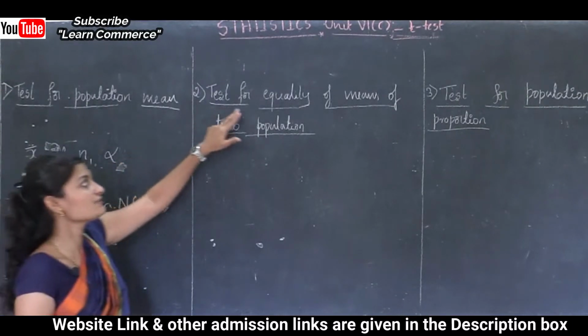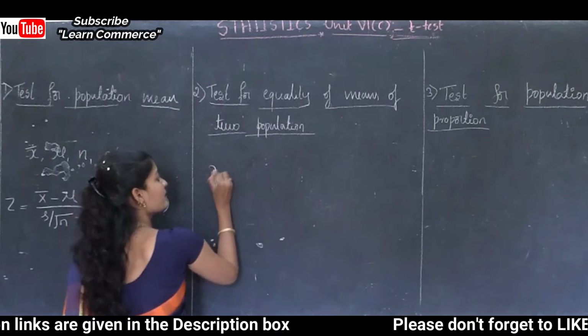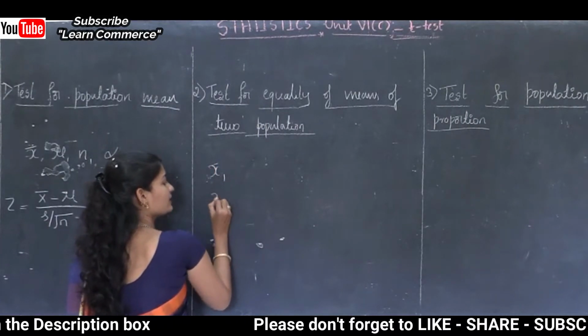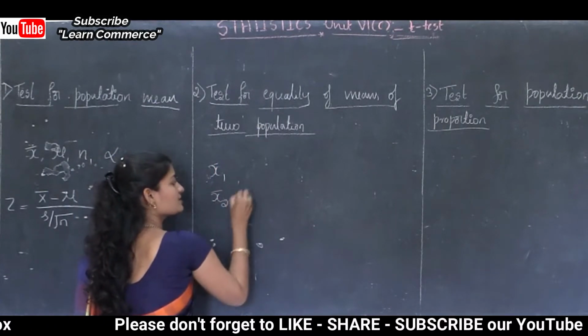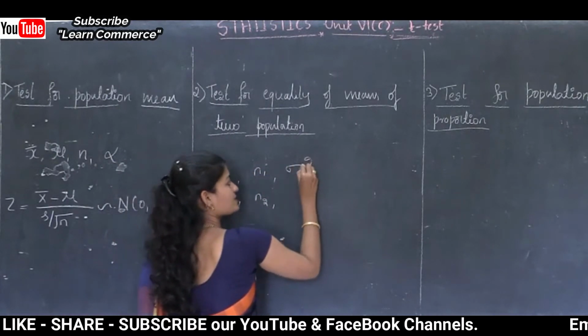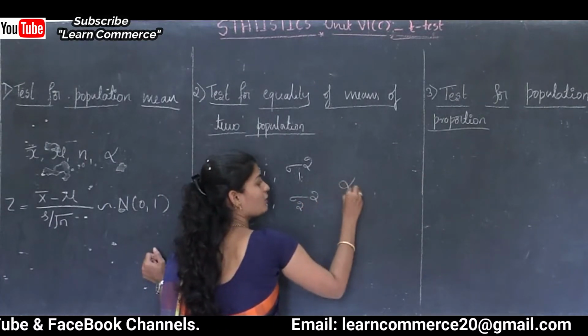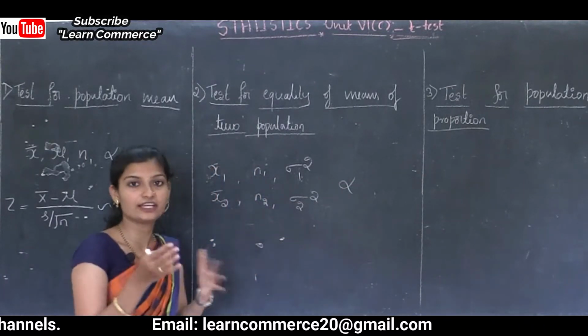In test for equality of means of two populations, the observations x bar 1 and x bar 2, n1 and n2, and sigma 1 square and sigma 2 square along with alpha are there in the question.